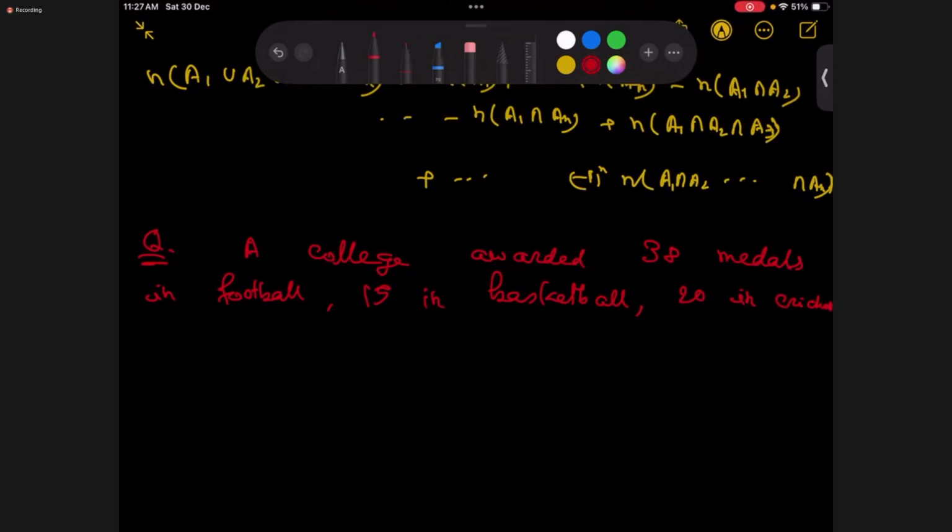So the college awarded 38 medals to football, 15 in basketball, and 20 in cricket.